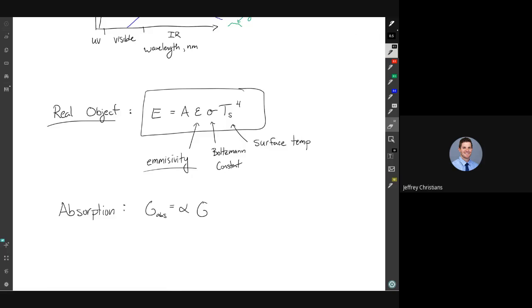If you have a certain amount of light, G is the total power incident on a body, and alpha is the absorptivity.